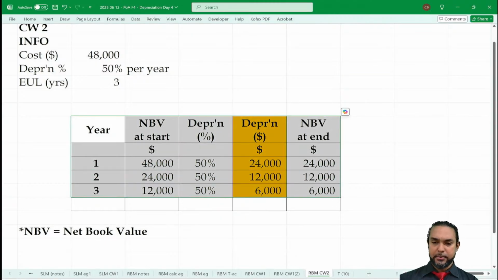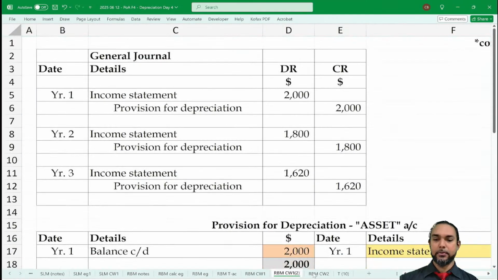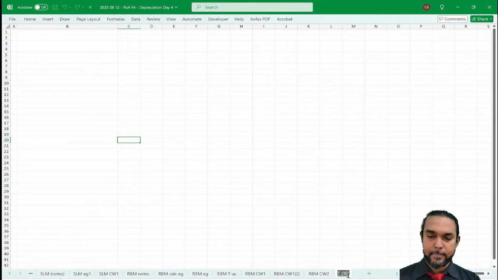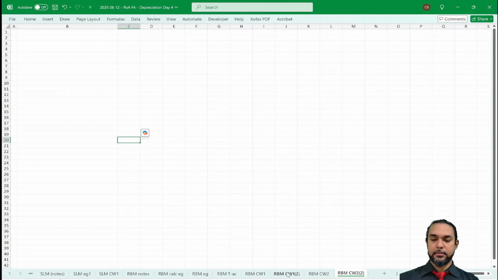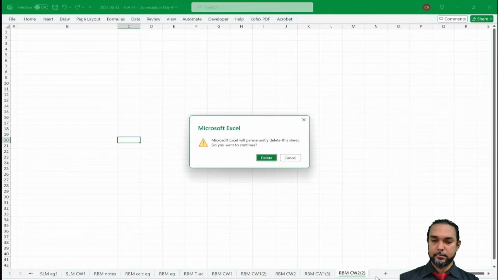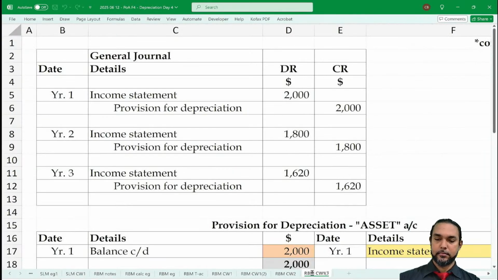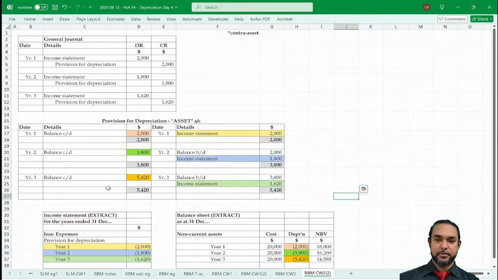All right, give me one sec. Get it going. All right, so let me just clear out the stuff here.